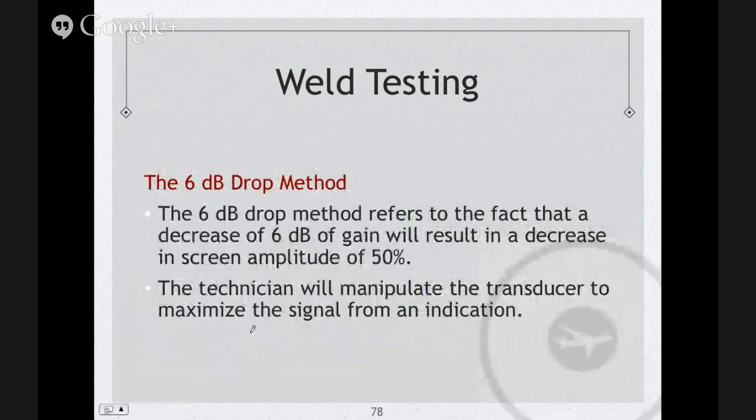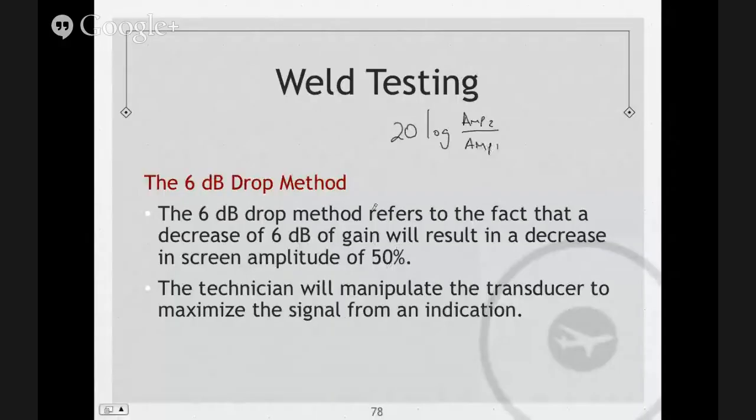The 6 dB drop method refers to the fact that a decrease in 6 dBs will result in a decrease of screen amplitude of 50%. If you recall earlier with the 20 log formula, we had said that anytime you increase 6 dBs, you're doubling your indication.